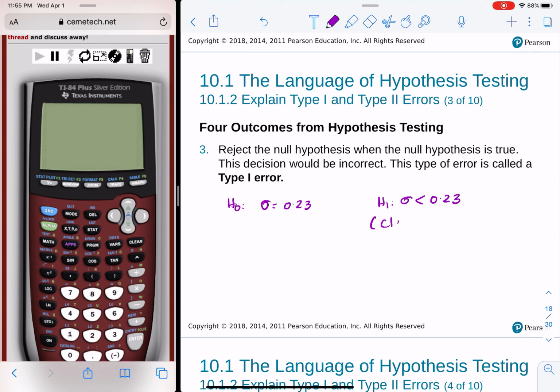Once again, that is the claim made by the quality control manager. So we collect data to verify this, and we end up rejecting the null. So we found evidence toward that.